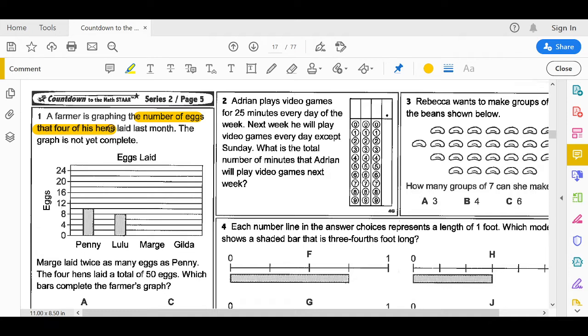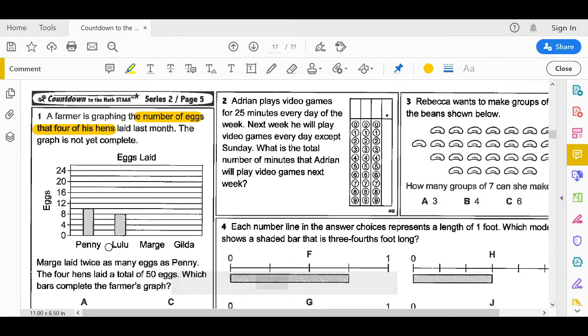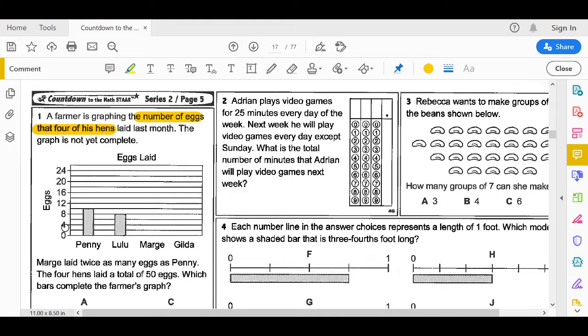We can see here that in the graph we only see the information from 2 of the hens, Penny and Lulu. Right here, we're missing the information from March and Gilda. Taking a look at the graph here, we see that the numbers go by 4. So 4, 8, 12, 16, 20, and 24.